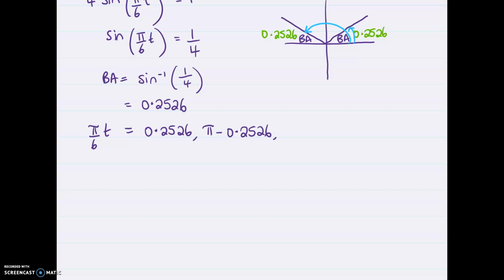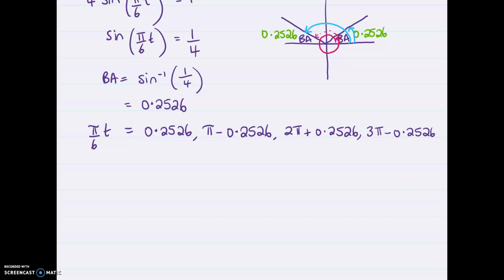The next one would be if I did a full revolution and then back around to that line. So I write that as 2 pi plus 0.2526. And the last one would be if I do a full revolution like I've just done, plus this extra bit more. So that would be 3 pi, but take off the 0.2526.